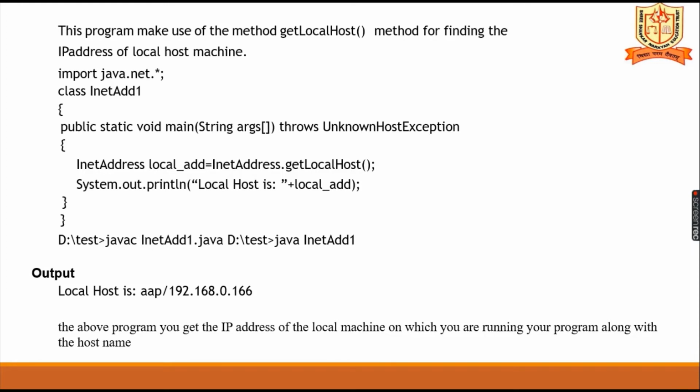In Java, import the java.net package. If you want to write a program for networking, you are supposed to import the java.net package. After importing this, write the class name, public static void main, String args throws UnknownHostException. So networking programs throw the unknown host exception.